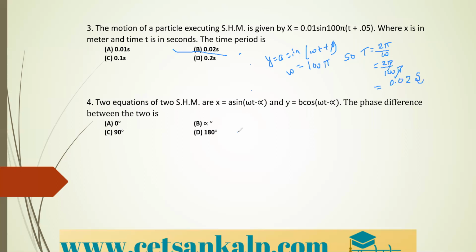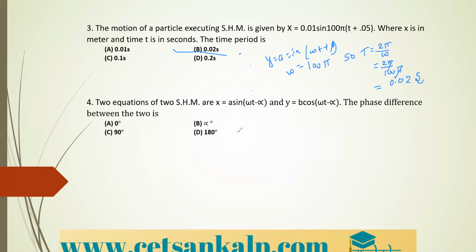Next question. Two equations of two simple harmonic motions are x is equal to a sine omega t minus alpha. So one equation is x is equal to a sine omega t minus alpha. The second equation is y is equal to b cos omega t minus alpha. The phase difference between the two is given by. So how will we find the phase difference between these two?